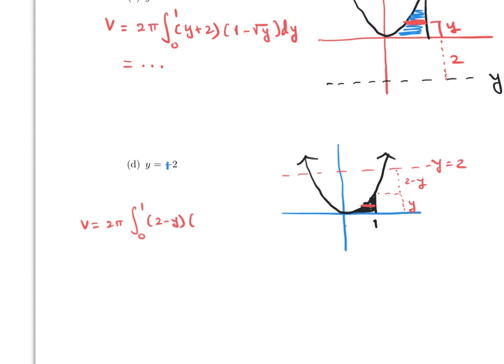So therefore this will be 1 minus the square root of y, dy, and if you distribute, you'll end up with 2 pi, the integral from 0 to 1. This will be 2 minus 2 radical y minus y plus y to the 3 halves, and then this is also pretty easy to integrate.